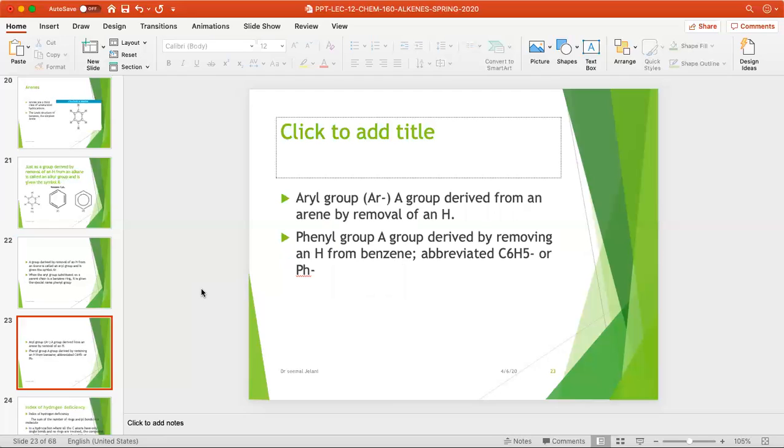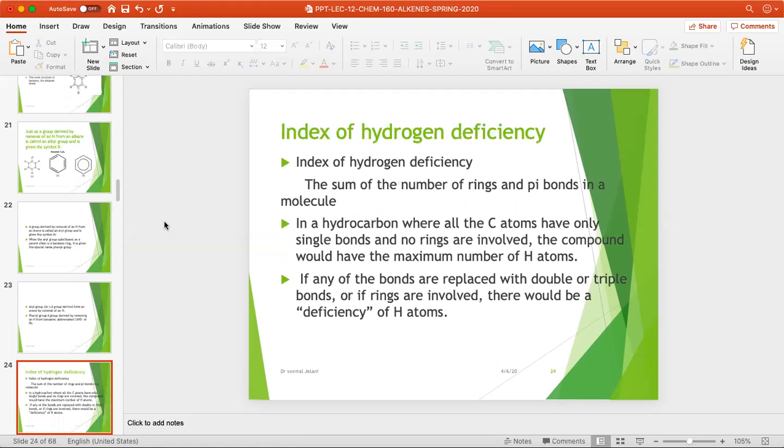So aryl group, abbreviation Ar, is a group derived from an arene by removal of a hydrogen. So what is phenyl? Phenyl group is a group derived by removing a hydrogen from the benzene ring, C6H5, abbreviated as Ph. These things you need to understand very carefully.